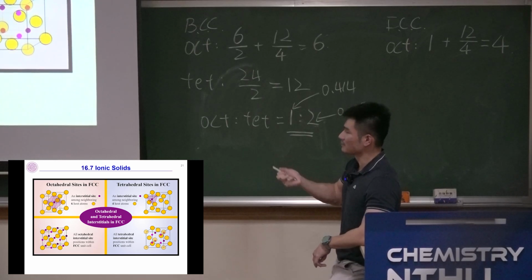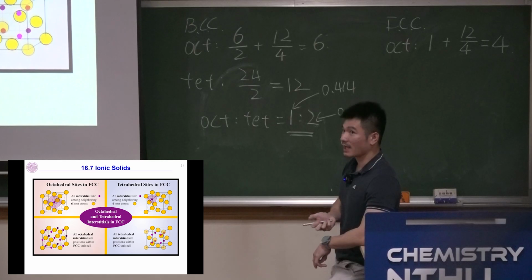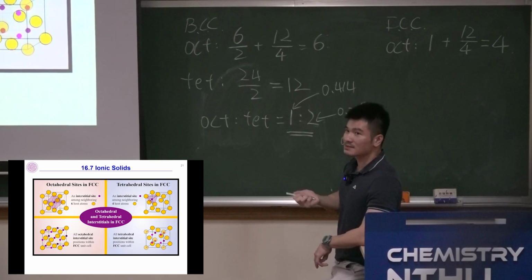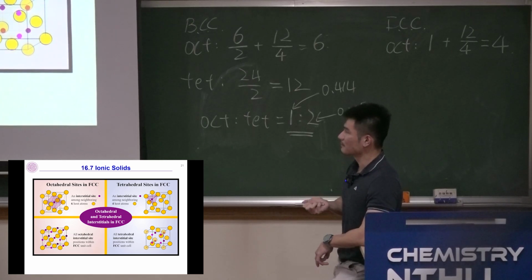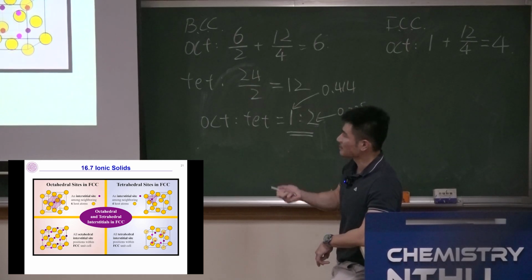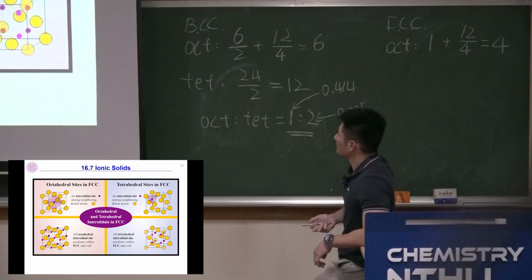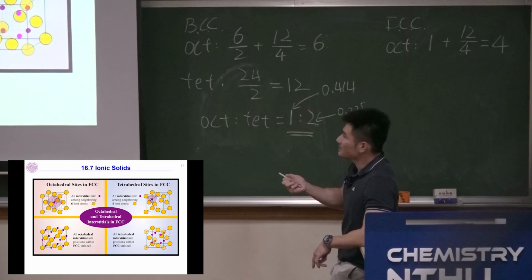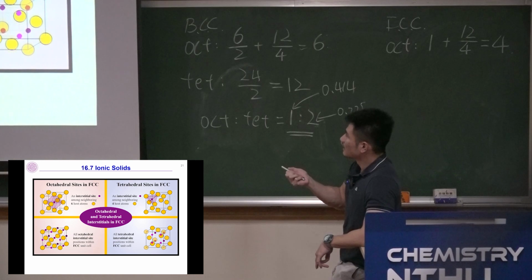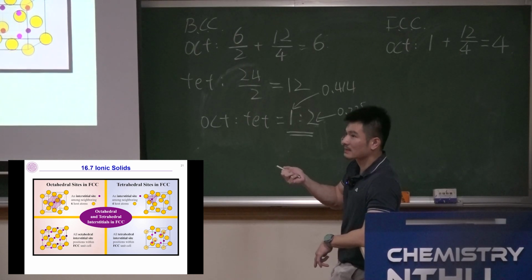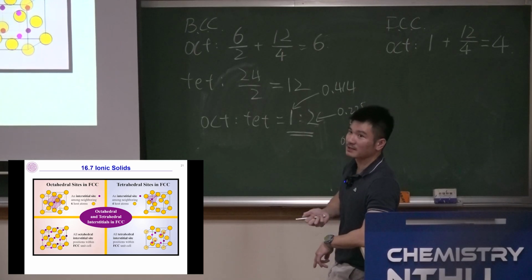We have 8. And what are they? They are a simple cubic arrangement. This is really interesting, as we'll see in examples. This is what we call the anti-fluorite structure. Later on we'll see examples, so don't worry about it yet. That is, the anions or the cations form a simple cubic, surrounded by the other ions forming face-centered cubic.